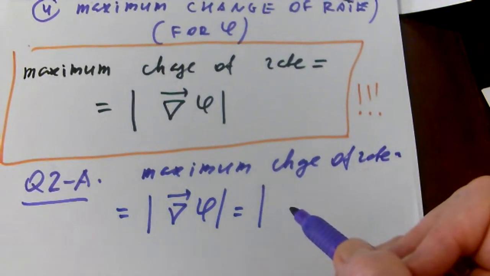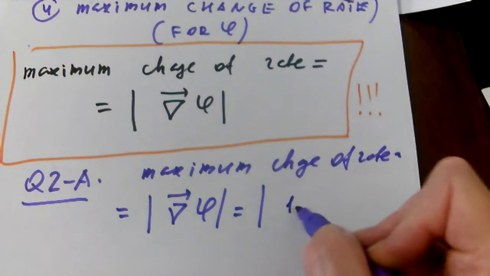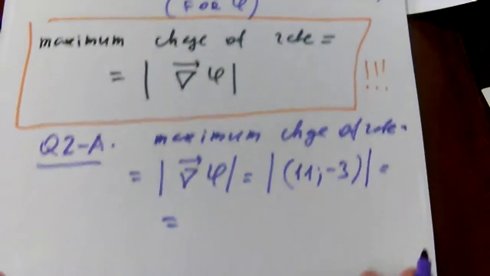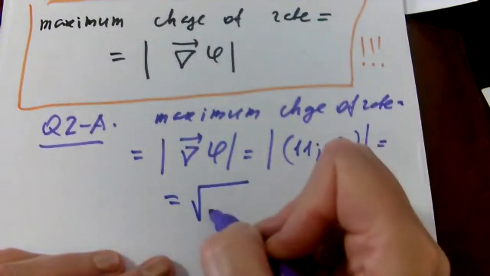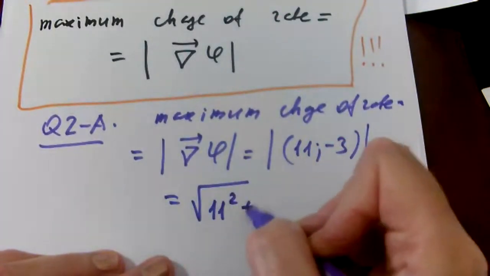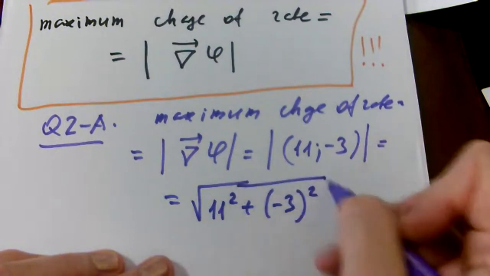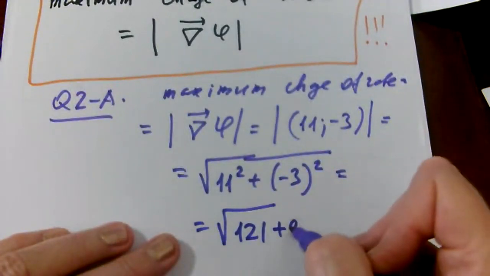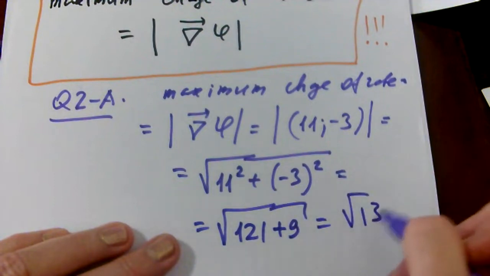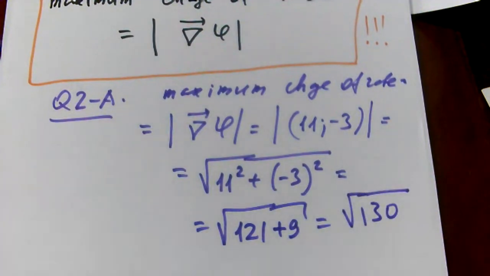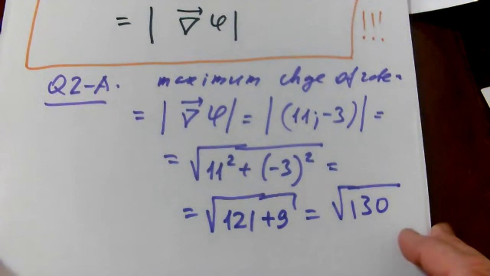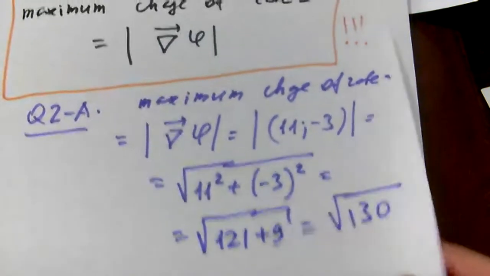The gradient at this point was (11, -3). To calculate the length of the vector, we have a very easy formula: 11 squared plus (-3) squared, which gives the square root of 121 plus 9, the square root of 130. That's it. So maximum change of rate is very easy. Just calculate the gradient and calculate the length of this vector.